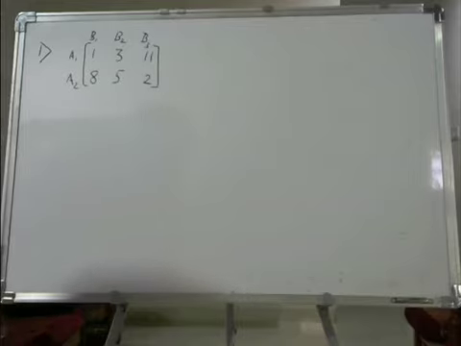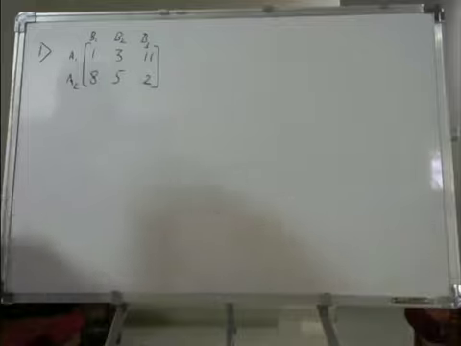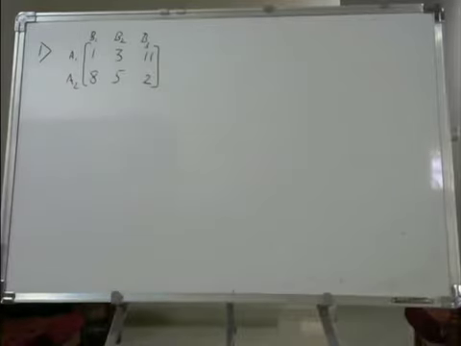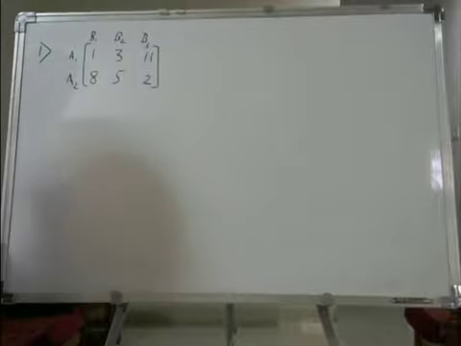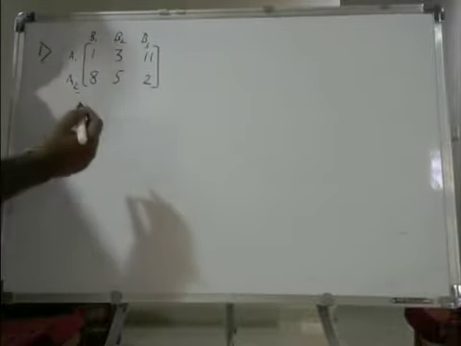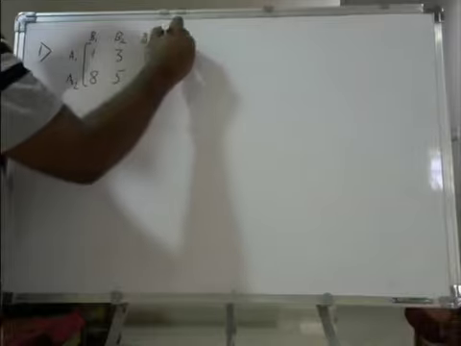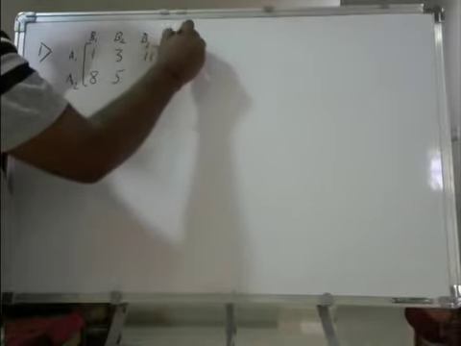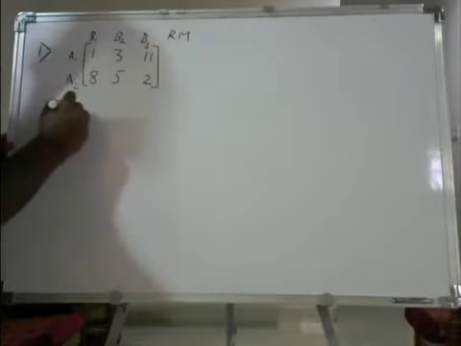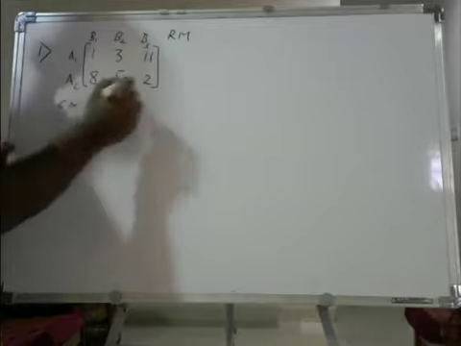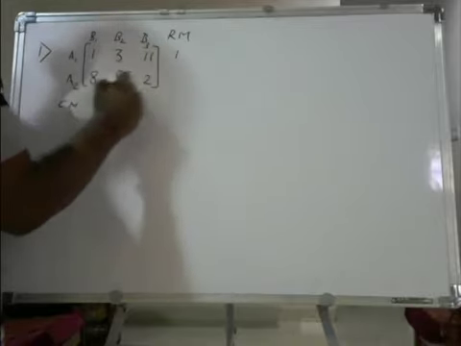When you have such a problem, basically we need to see whether there exists a saddle point or not. So I find the row minima and column maxima. The row minima are 1 and 2, and the column maxima are 8, 5 and 11. Taking the maximum of the row minima and the minimum of the column maxima, the minimax is 5 and the maximin is 2.